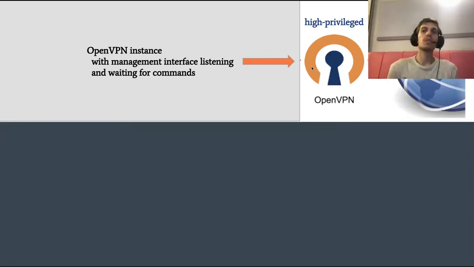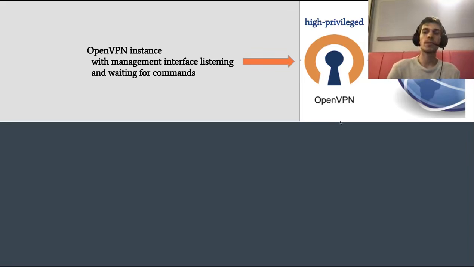Once it receives a command, it will start and open the tunnel to the home office, which sits on the other side of the internet. So right now we have the host machine, and one of the processes running is OpenVPN, and it waits for a command.